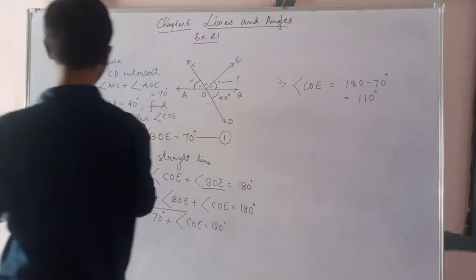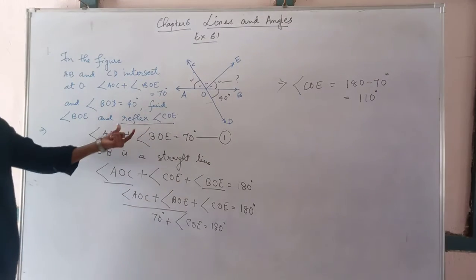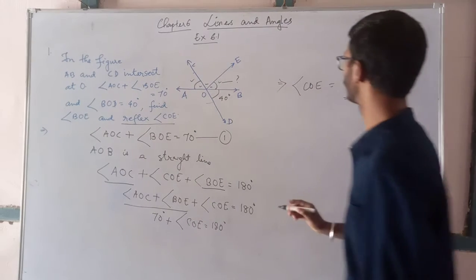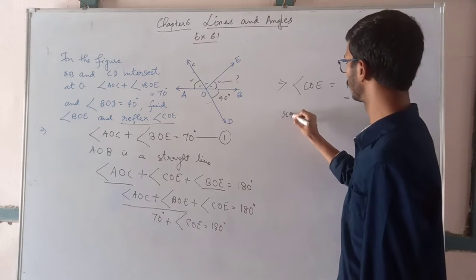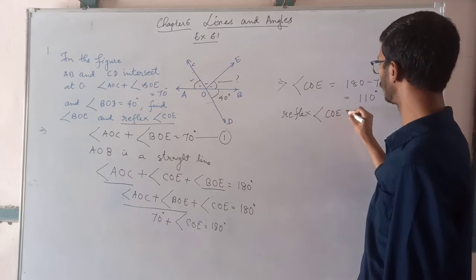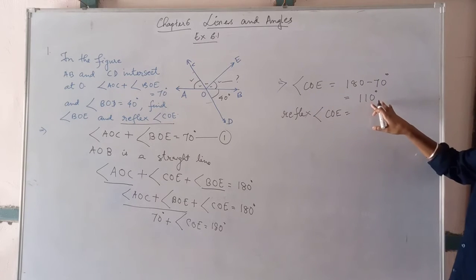But in the question it asks, what is the reflex angle? So if I want to find the reflex angle, we have to subtract from 360 degree. So reflex angle COE, see, angle COE is 110.